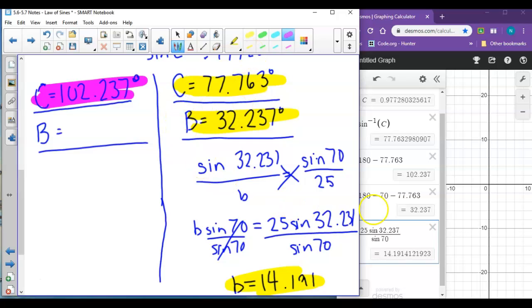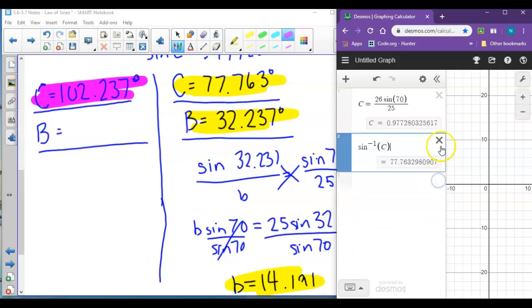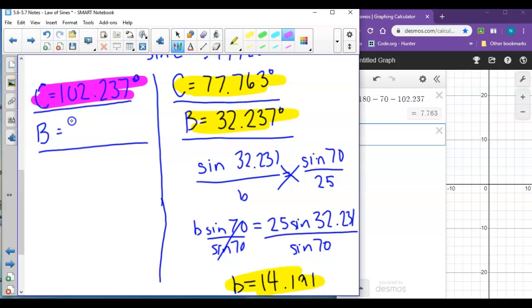So we're going to go back, get rid of these, and do 180 minus 70 minus 102.237. Let's switch back to a pen here. We'll get 7.763 degrees for angle B in this case.